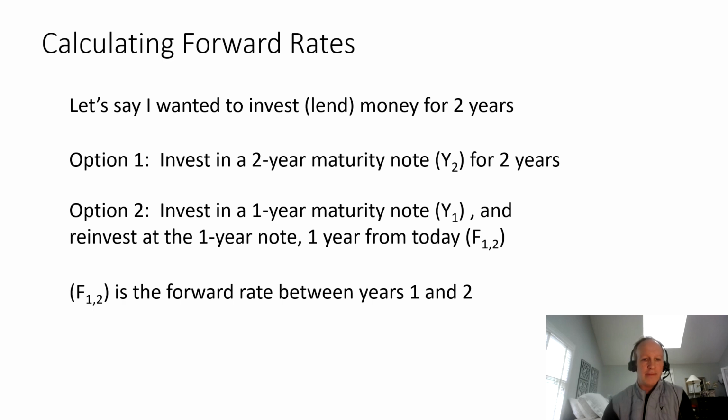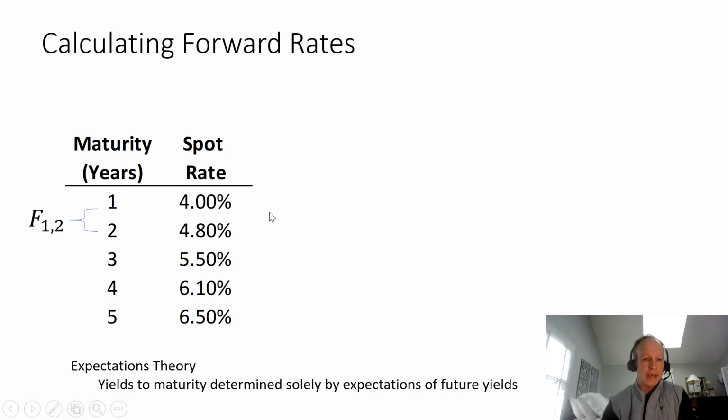F12 is the forward rate between years 1 and 2. All right, so this is what we're going to calculate. We're going to calculate that future rate that we think is going to exist a year from today based on this yield curve shape right here. I can invest for 2 years at the 2-year note. It's going to be compounded. That's why I raise it to the second power.